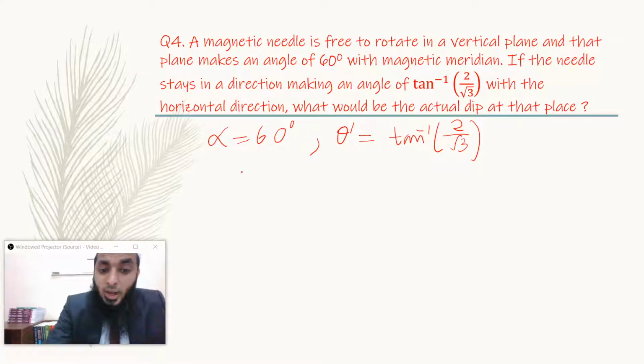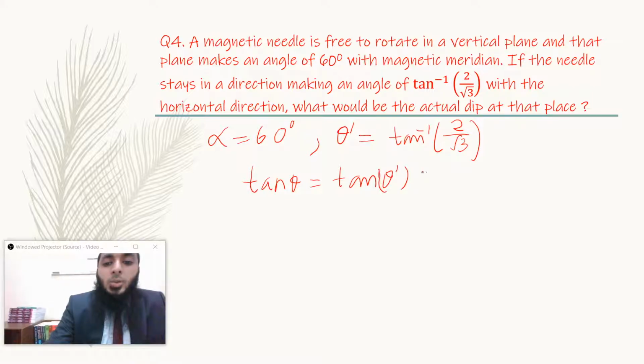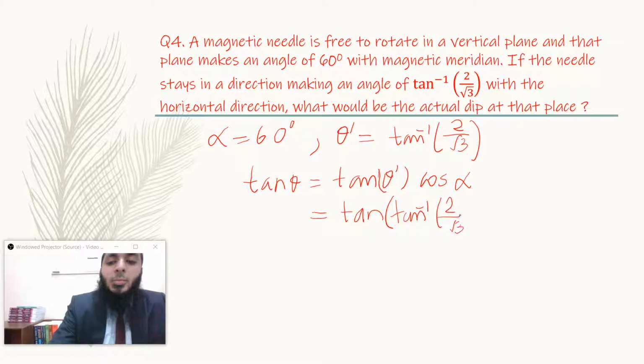In the previous question we had rewritten the equation like this: tan theta is equal to tan theta dash into cos alpha. This is how we wrote it, and we can substitute tan theta dash as tan inverse of 2 by root 3. So tan of tan inverse of 2 divided by root 3, into cos of 60 degree.